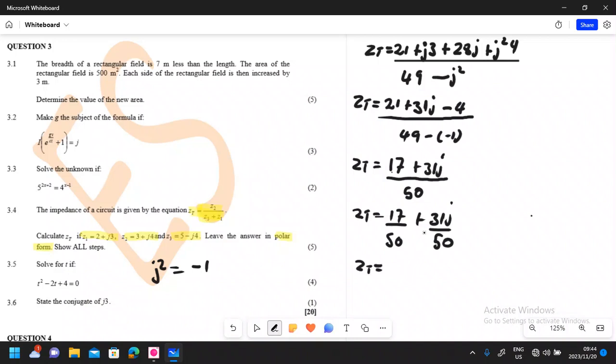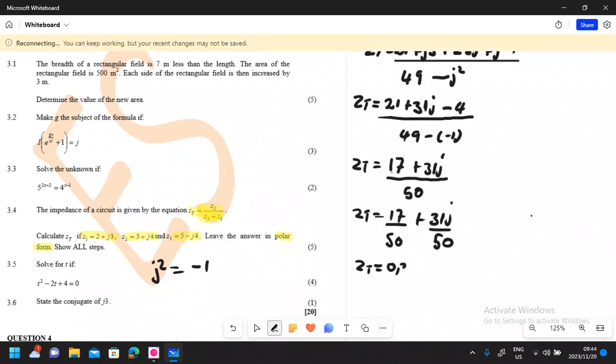If we do that, this is going to give us 0 comma 34, not 34 guys, 0 comma 34 plus, and what are we going to get for the other one? It's going to be 0 comma 62j, guys.